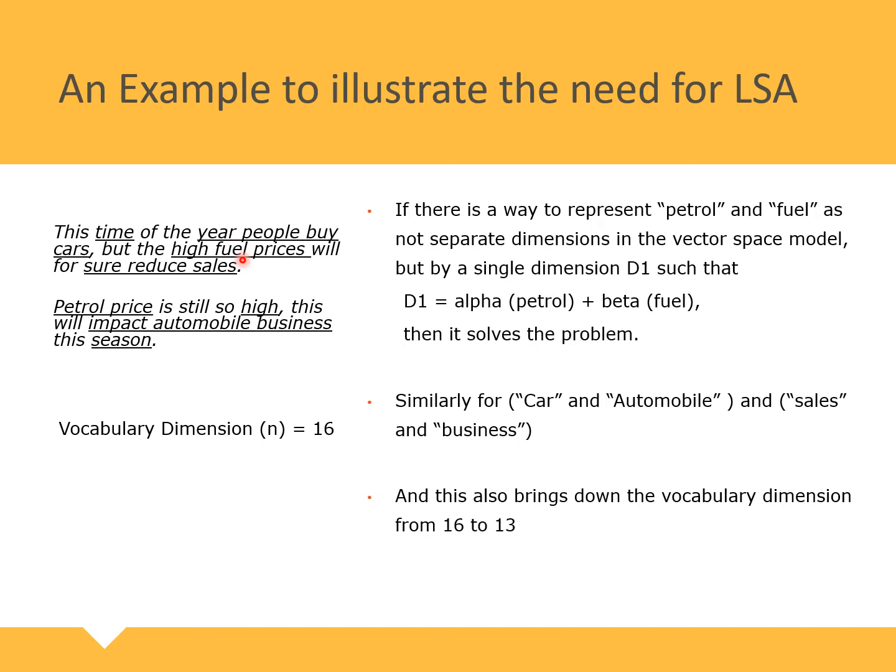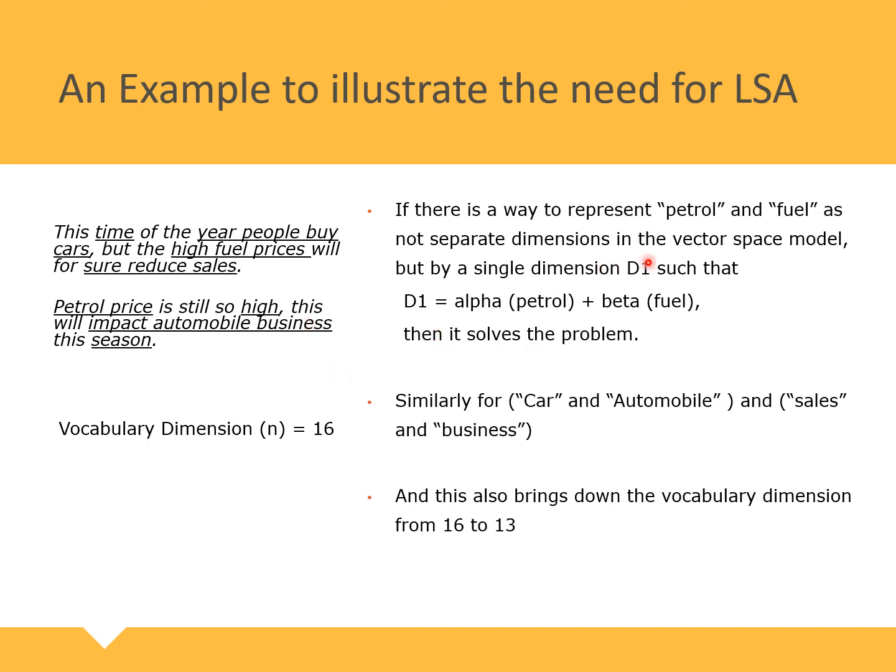So in this case, definitely fuel and petrol will be two independent dimensions. So will be sales and business, and so will be cars and automobiles. So even though these are similar terms, or in a way you can call them synonyms, yet in the vector space model they will be represented as independent dimensions and not as similar dimensions.